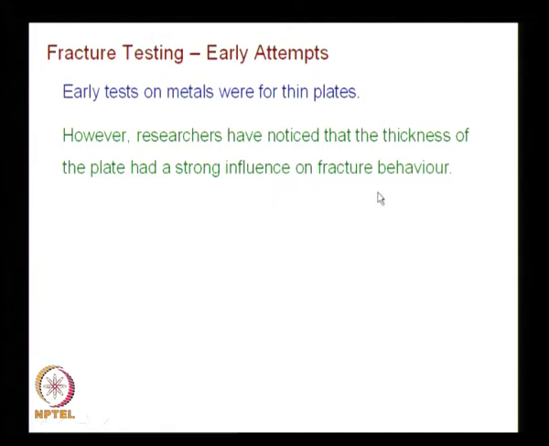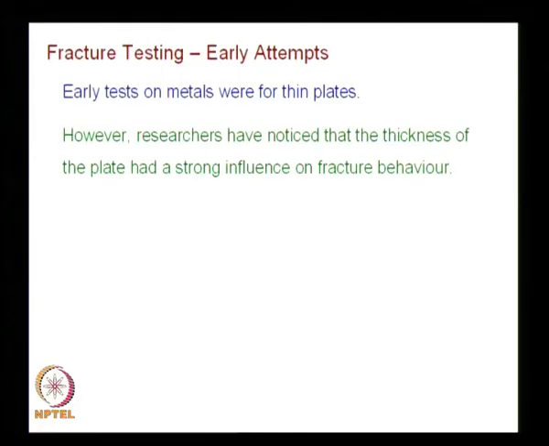Right now from fracture books you all know that if you have to do fracture toughness testing, you have to maintain plane strain condition at the crack tip, which demands a particular thickness for the specimen. If you look at the early attempts on fracture testing, initially they worked on thin plates, then they noticed that the thickness of the plate had a strong influence on fracture behavior.